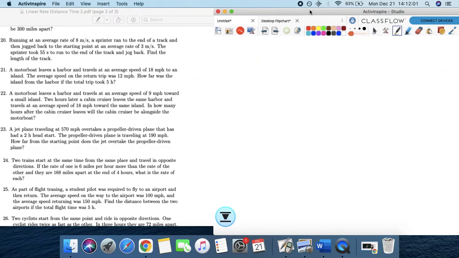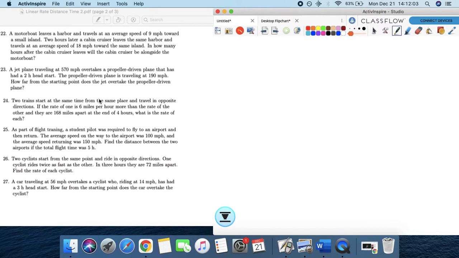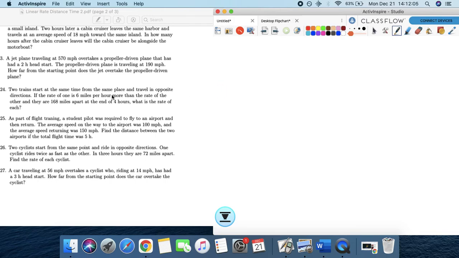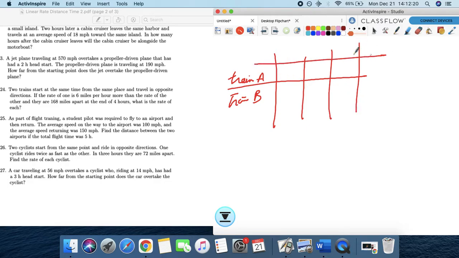Learned a new word today. 24. Two trains start from the same place traveling in opposite directions. So we got train A, train B, going opposite directions, thankfully. The first train travels at 6 miles per hour more than the rate of the other train.